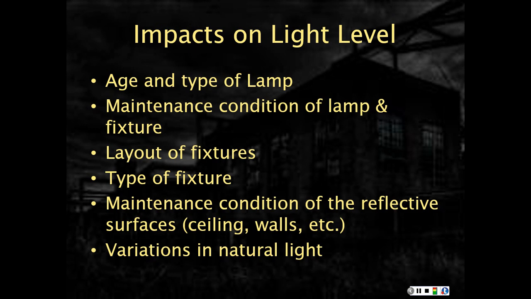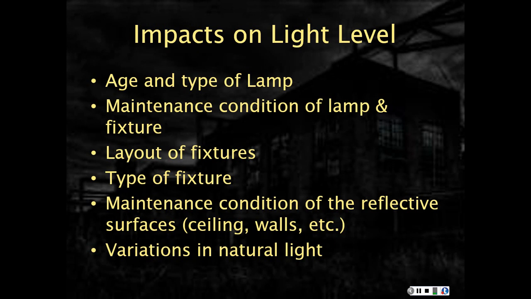The layout of the fixtures is critical. That's why it's typically done by a lighting expert. The type of fixtures will impact how the light is directed to the work surface. Then there is the maintenance condition of the reflective surfaces. So not just the lamps and the fixtures are important, but when was the last time the ceilings were painted, or the walls were painted?